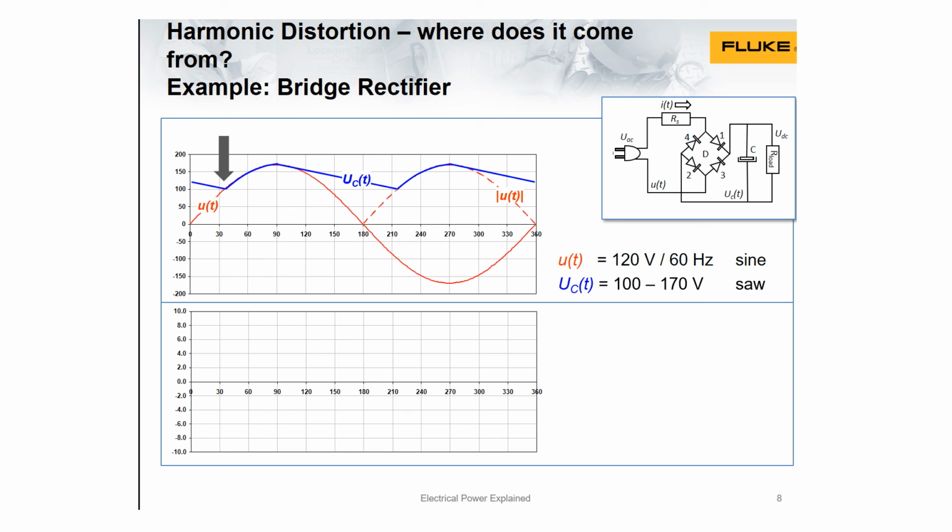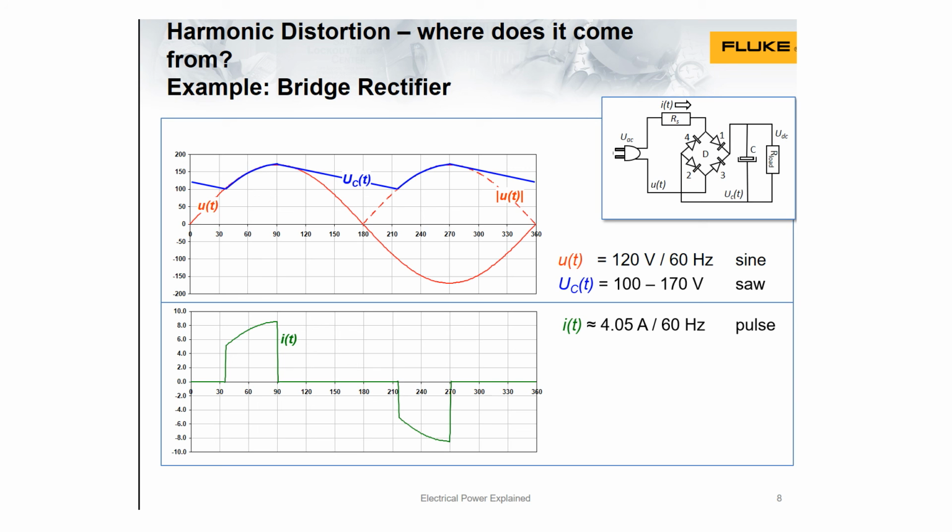At the left of the graph, the voltage across the capacitor is about 120 volt and decreasing because R load is discharging the capacitor. While UT is smaller than UCT, the diode bridge will not conduct because D1 is reverse biased and no current will flow.